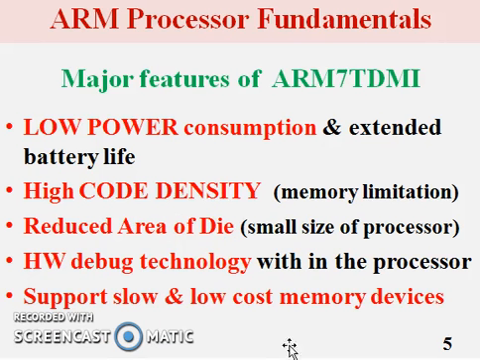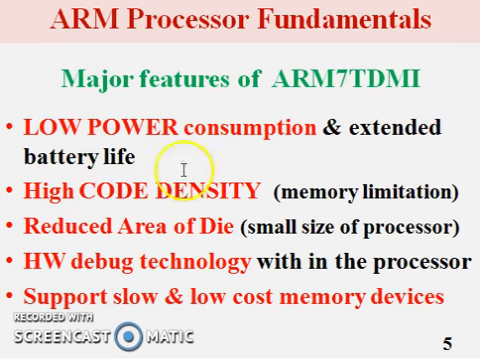Then what are the major features of the ARM7 TDMI processor? So here ARM7 TDMI is the nomenclature of the processor. What are the major features of this ARM7 TDMI?